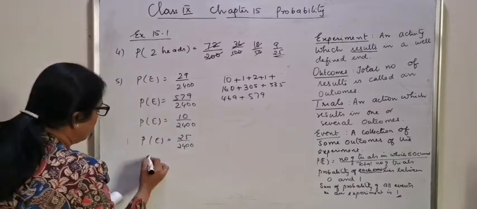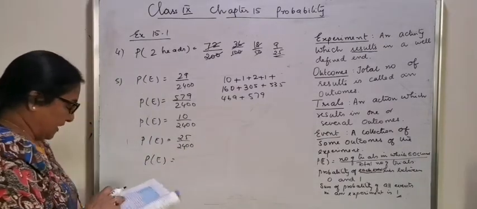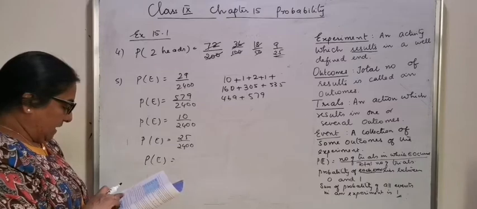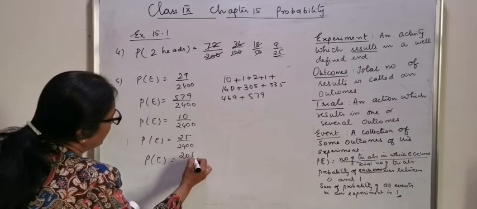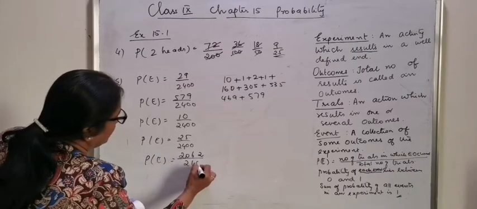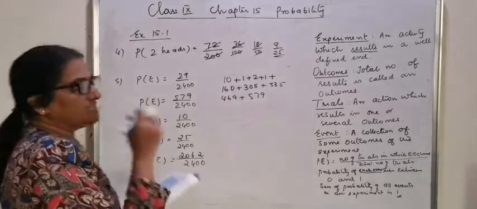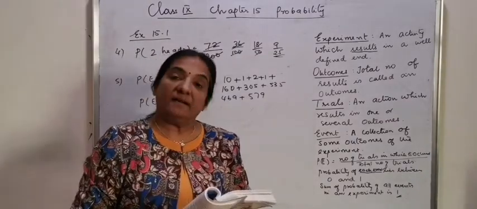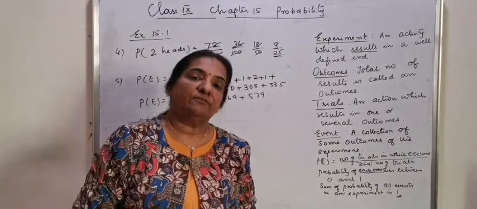That means probability of that particular event, the fifth answer, will be a total of 2062 divided by 2400. Any of these fractions, if you can simplify, leave the answer always in the simplified form.